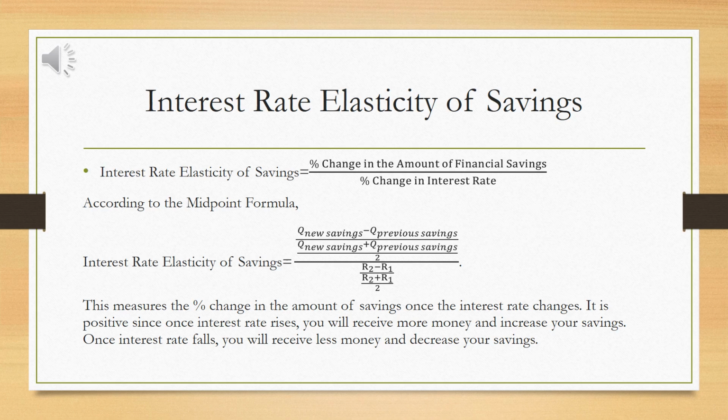This measures the percentage change in the amount of savings once the interest rate changes. It is positive since once interest rate rises, you will receive more money and increase your savings. Once interest rate falls, you will receive less money and decrease your savings.